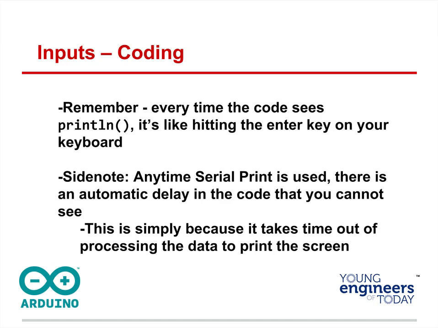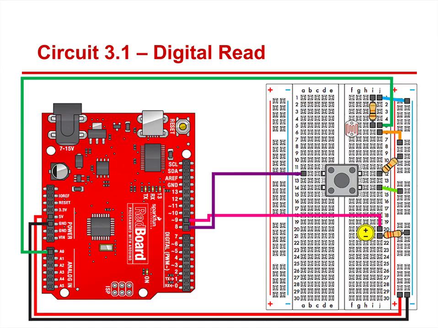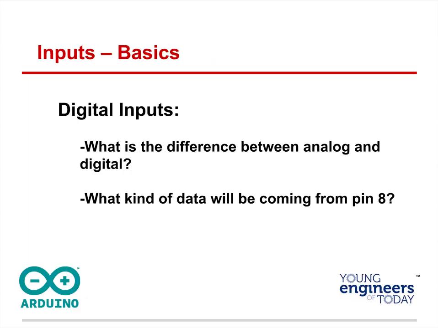Just reminding you again, remember every time the code sees a print line, it's like hitting the enter key on your keyboard. It's going to delay if you're doing any kind of processing. All right, we talked about analog read and write there. Let's talk about digital read. So what I want you to do is leave what you had before up. Leave what you had up before, but now we're going to add something here.